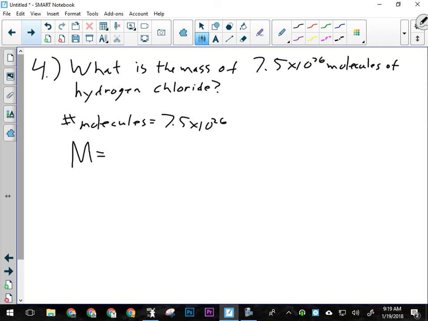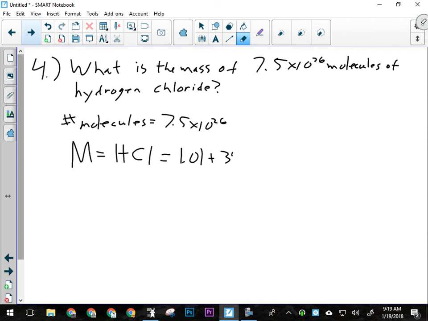The molar mass of hydrogen chloride, HCl, is going to be 1.01 plus 35.45, so that's going to mean 36.46 grams per mole. All right, everybody with me so far?